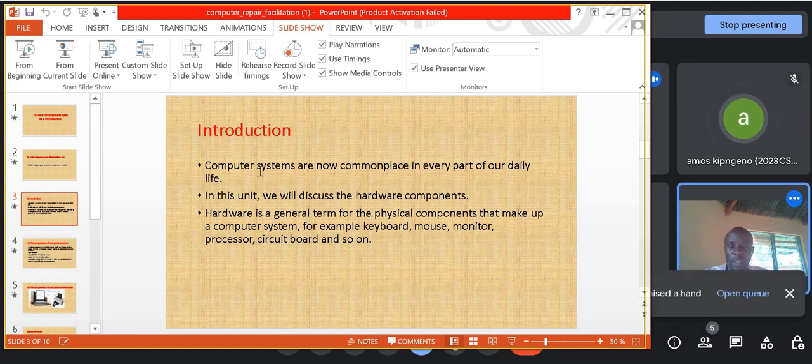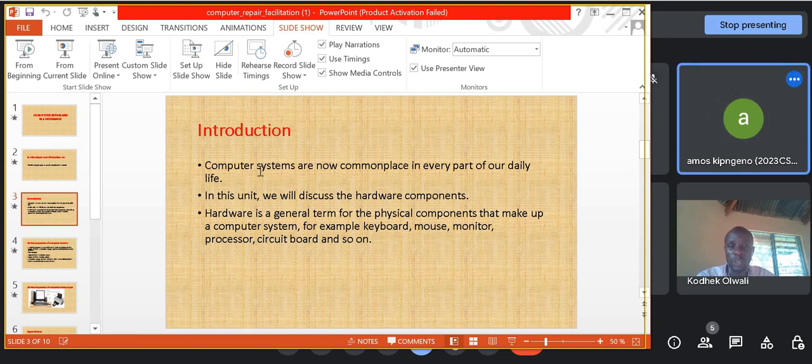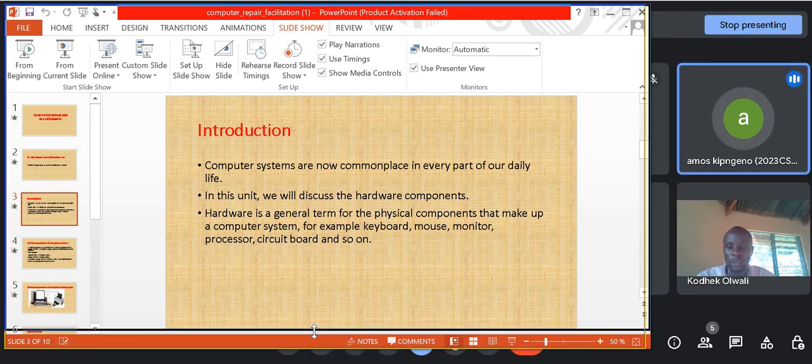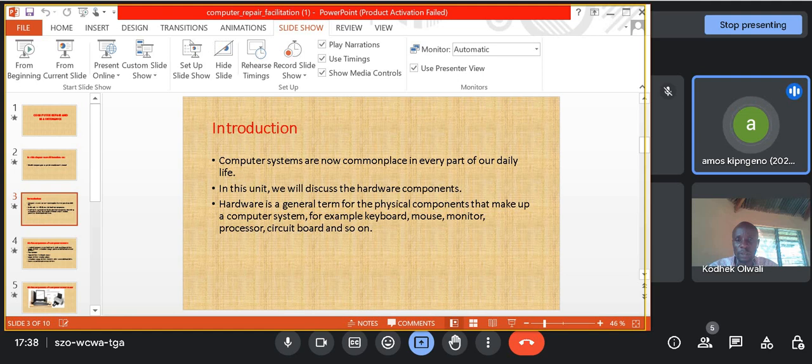Yes, Amos Kipngeno. What did you come across? As you have said, those components: the mouse, the computer, hardware, CPU, what have you. Okay, thank you.